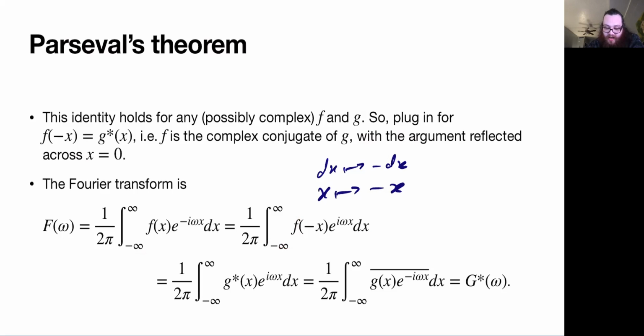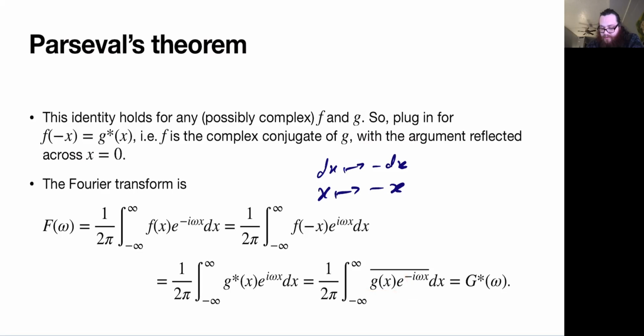Now we're choosing f so that f of minus x is the complex conjugate of g. So plug in for that, and we get g star, the complex conjugate of g. Now we can factor out the complex conjugate, which is the notation we're a little more used to. If you take the complex conjugate of this product, it distributes: the complex conjugate of g, and the complex conjugate of this exponential.